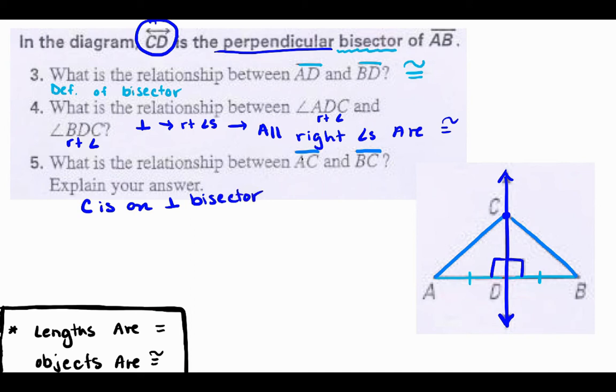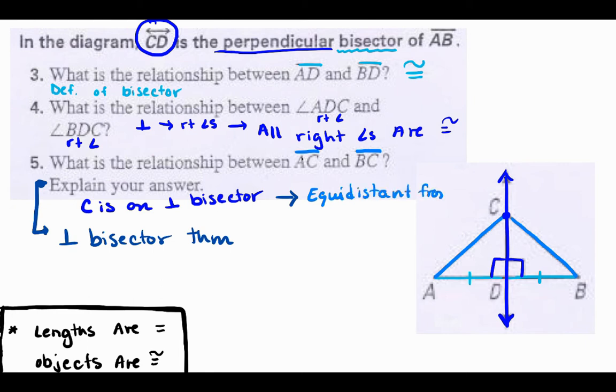And we have a new theorem. It is the perpendicular bisector theorem that says if a point is on the perpendicular bisector, then it is going to be equidistant from the endpoints.